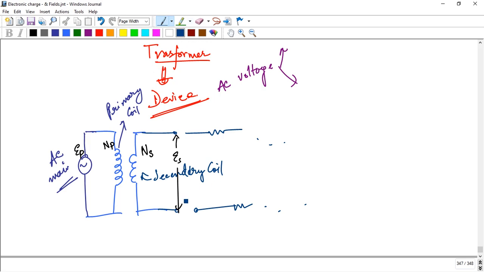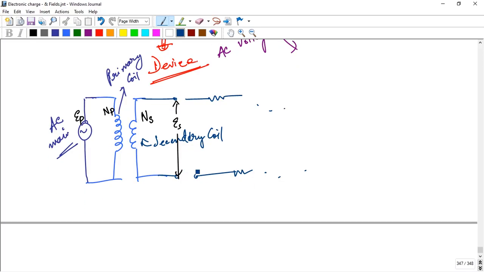Now from Faraday's law, the EMF of primary is equal to minus NP d phi by dt, because this coil produces a magnetic flux, and some part of the flux crosses this secondary coil.